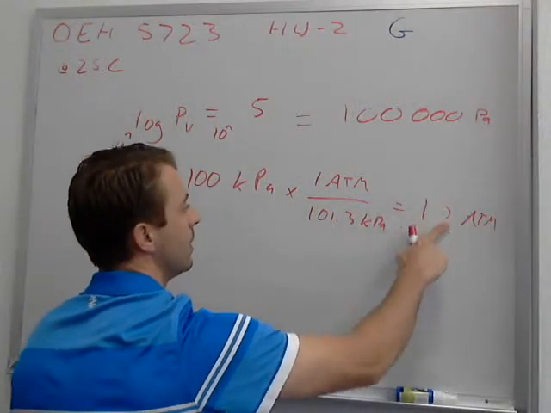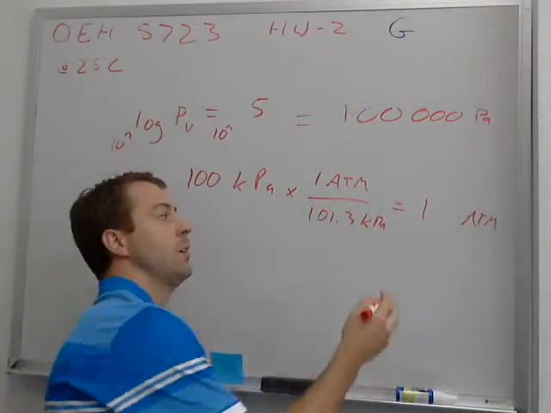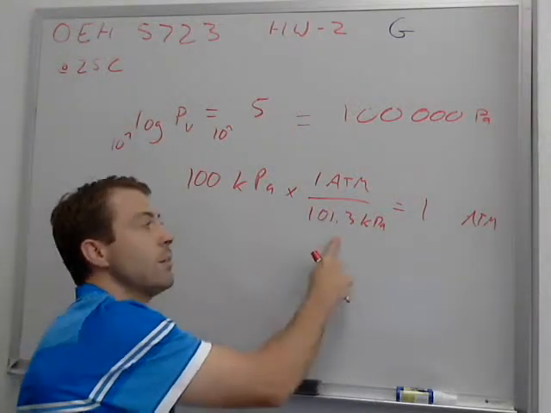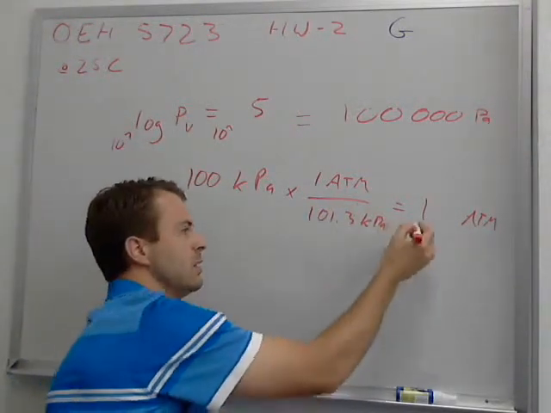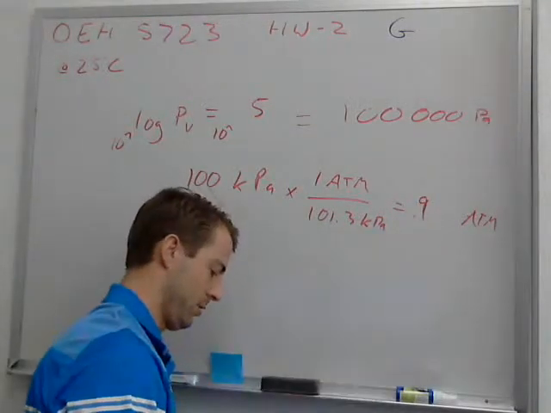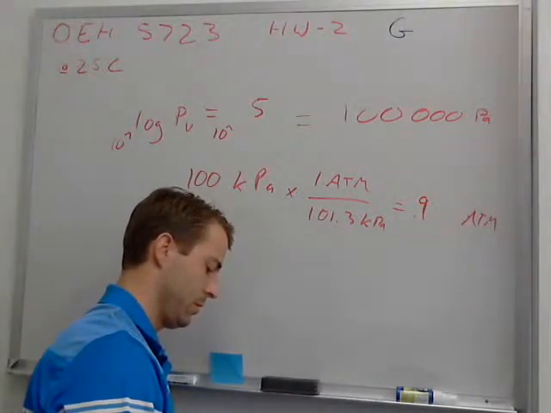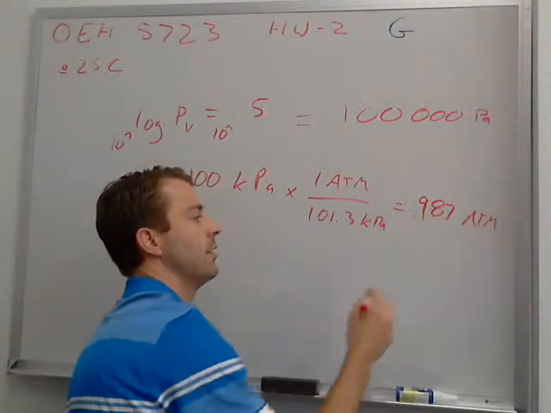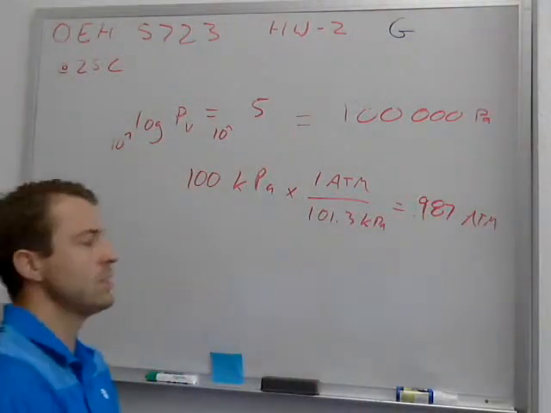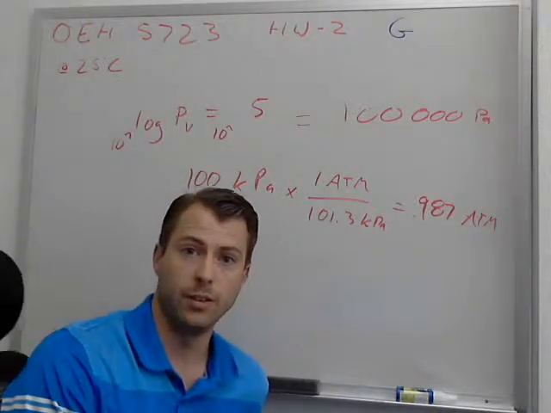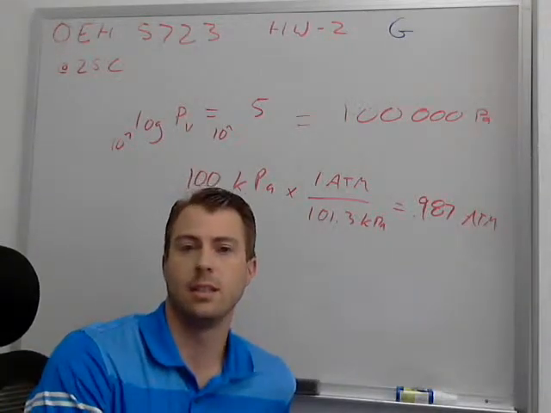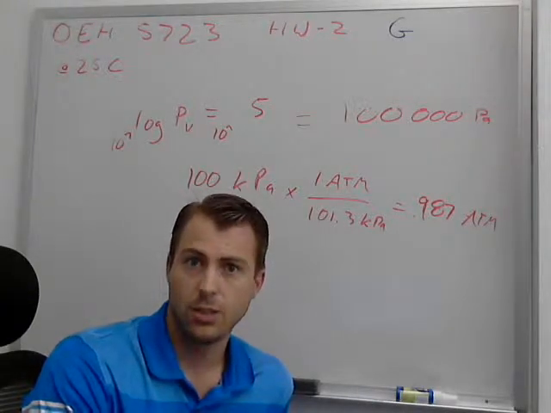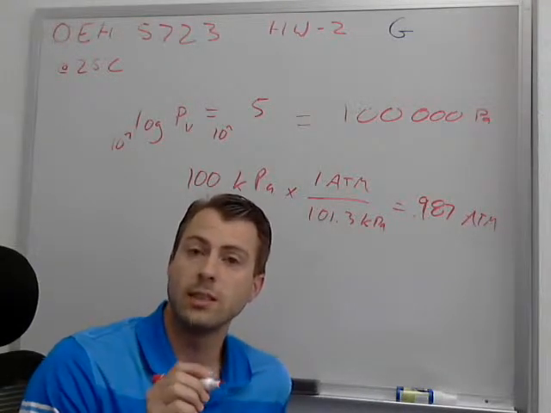The math comes out to roughly 1, but actually a little bit less than 1, because 100 divided by 101 is 0.987. So you would have actually been putting a vacuum on this. You would have said it spontaneously will condense, but it doesn't. So it's important for you to be as precise as you can.